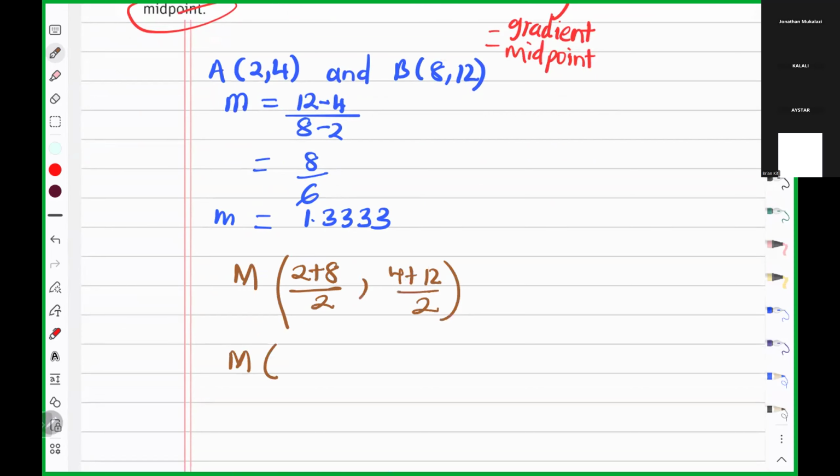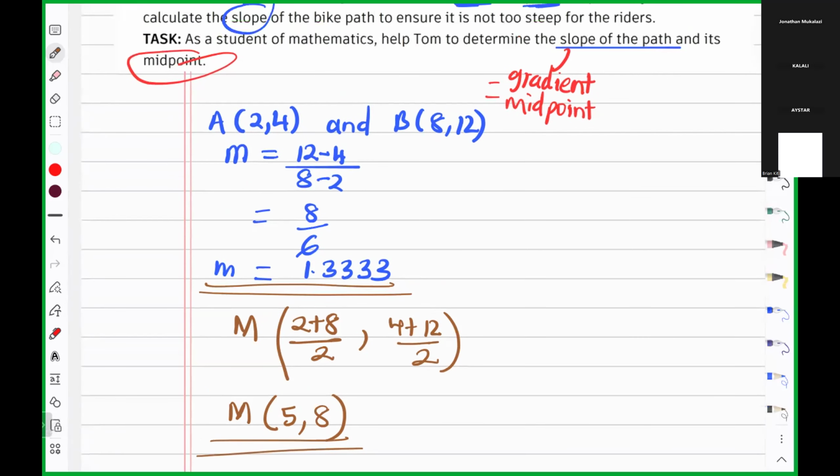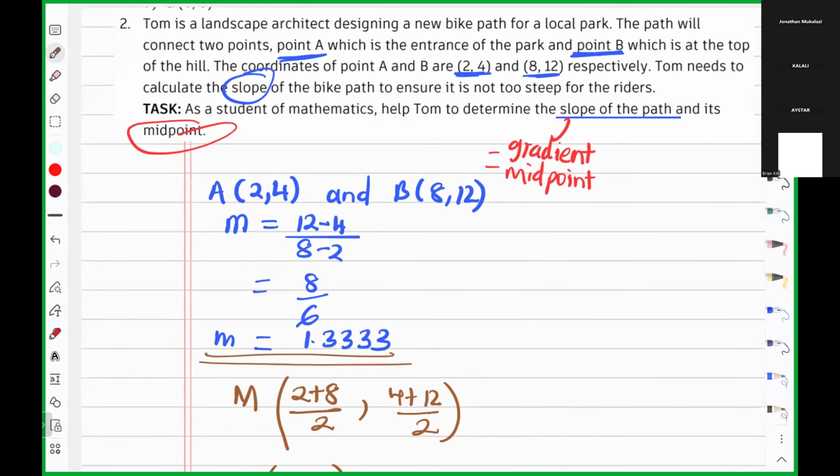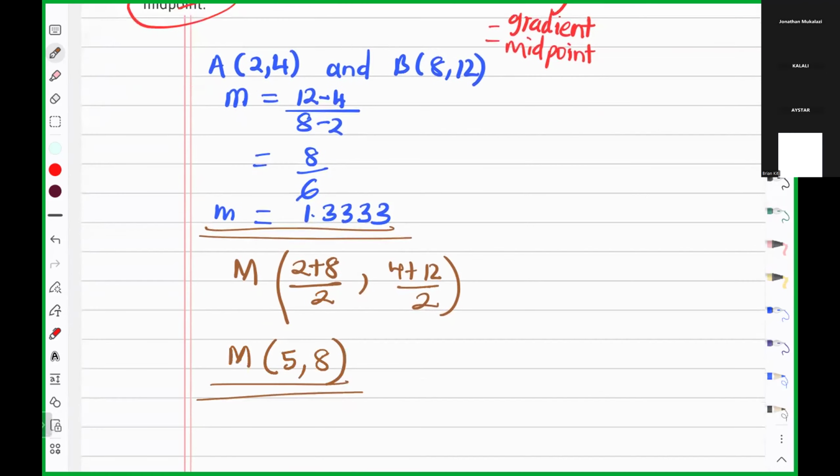And this will be 8 plus 2 is 10, divided by 2 is 5. And 4 plus 12 is 16, divided by 2 is 8. So we shall have 5, 8 as our midpoint, and 1.3333 as the slope of the path. Yeah, that's what we had for question 2.